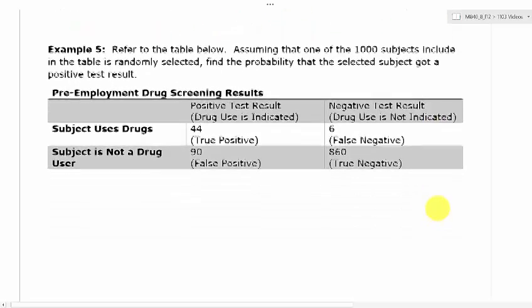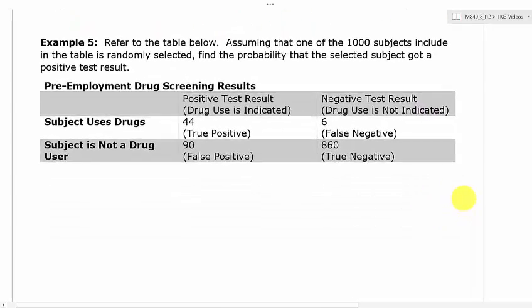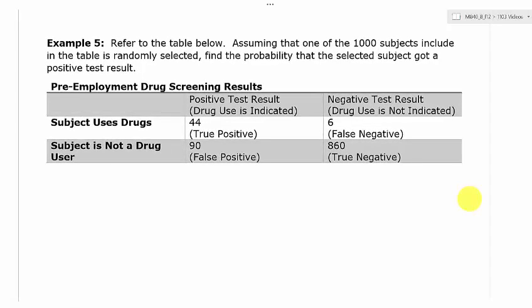In our next example, we're going to use the table below, and assuming that 1 out of 1,000 subjects included in the table is randomly selected, find the probability that the selected subject got a positive test result. So we want the probability of a positive test result.